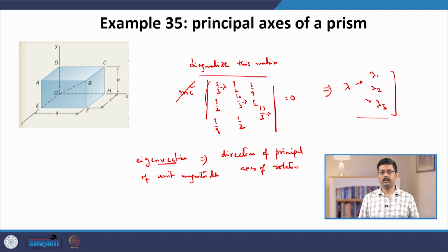Now, for this diagonalization there are standard ways nowadays that you learn in your mathematical methods course or in some computational analysis course. So I ask you to complete this calculation and find the eigenvalues and eigenvectors; the eigenvectors will represent the eigen directions, and those will give you the direction of the principal axes.